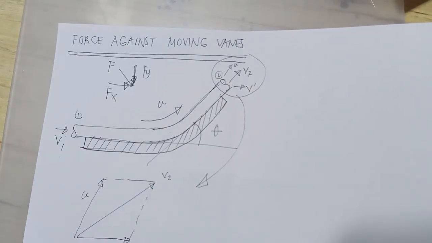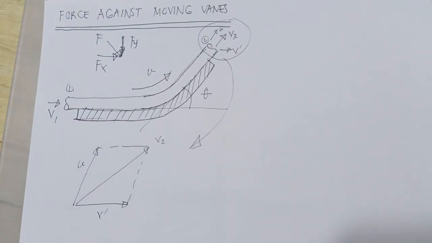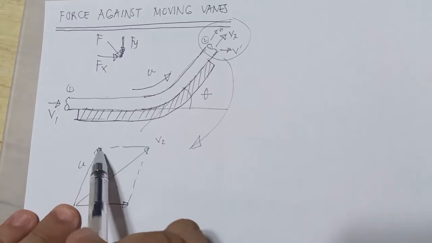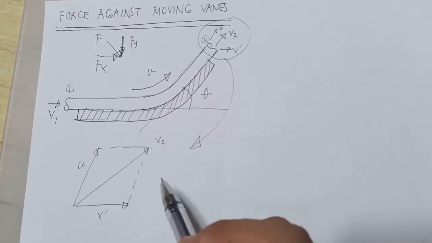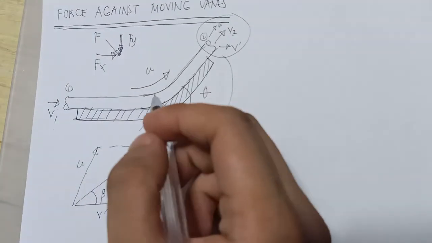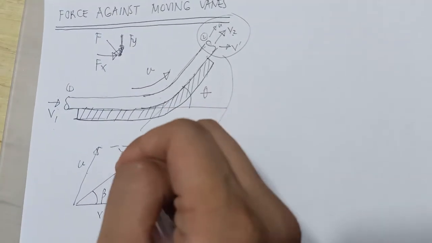If you are familiar with the parallelogram law, which states that you duplicate this arrow to this and this arrow to this, it forms the angle beta. Again, this is U and this is V prime.